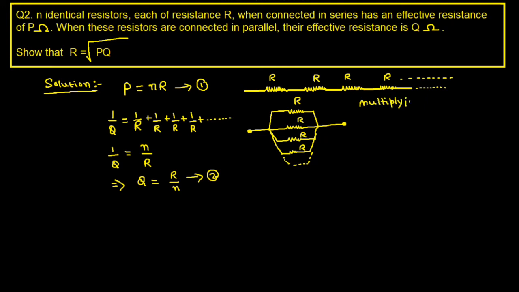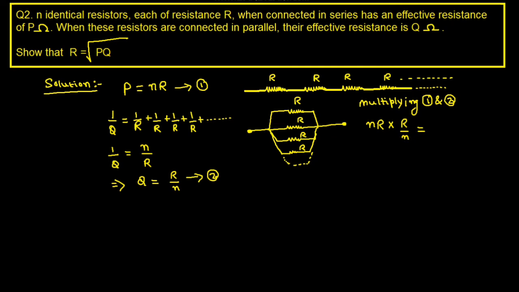So now multiplying equation 1 and equation 2, we can write P multiply Q equals n multiply R, then multiply R divided by n. Instead of P, I'll put nR.